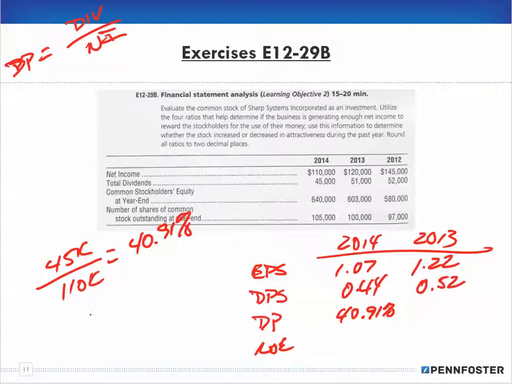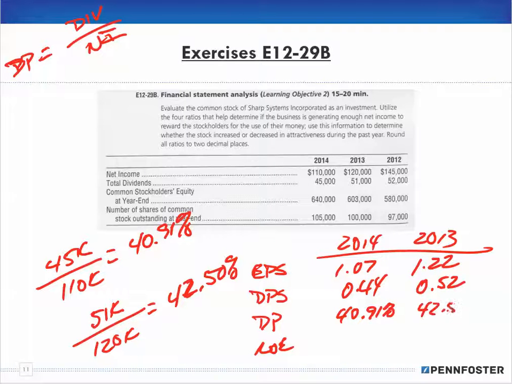And then for 2013, I'm doing the same thing, 51,000 over 120,000, and that gives me 42.5%. Okay, pause the video because I'm going to erase that.